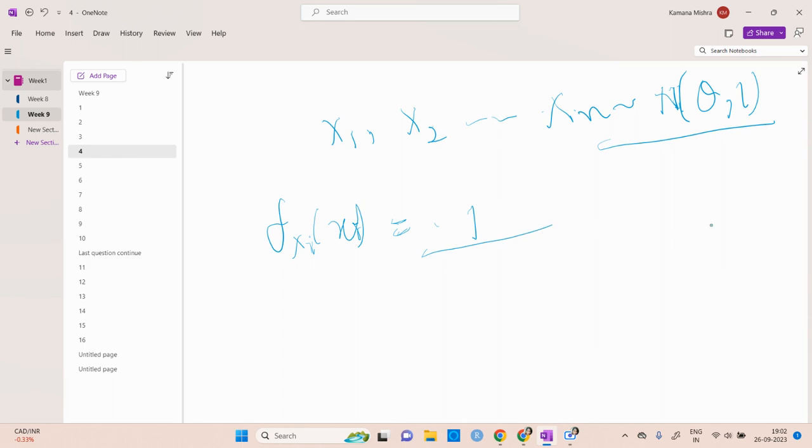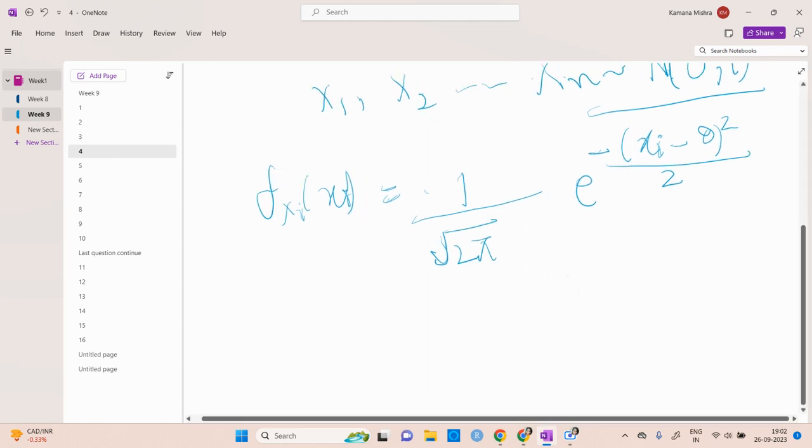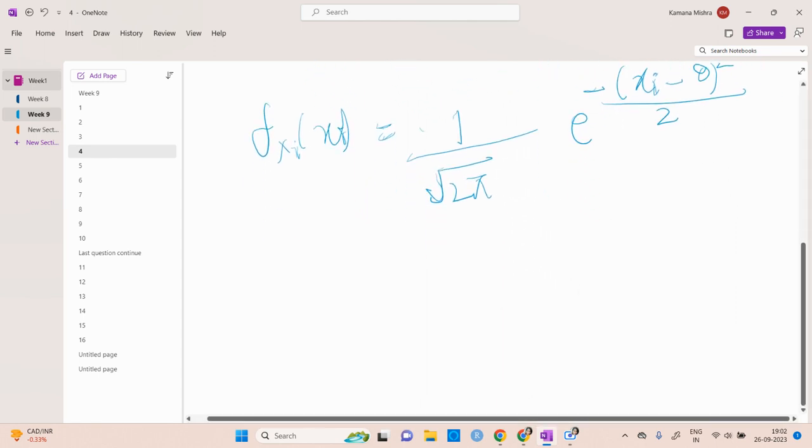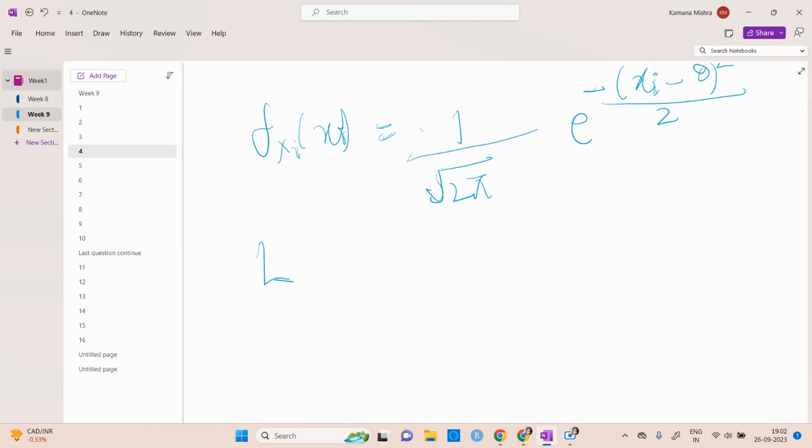So it will be 1 upon root 2 pi, sigma is 1, expectation of minus (xi minus mu) squared divided by 2, where mu is theta. This is what we call f(xi).